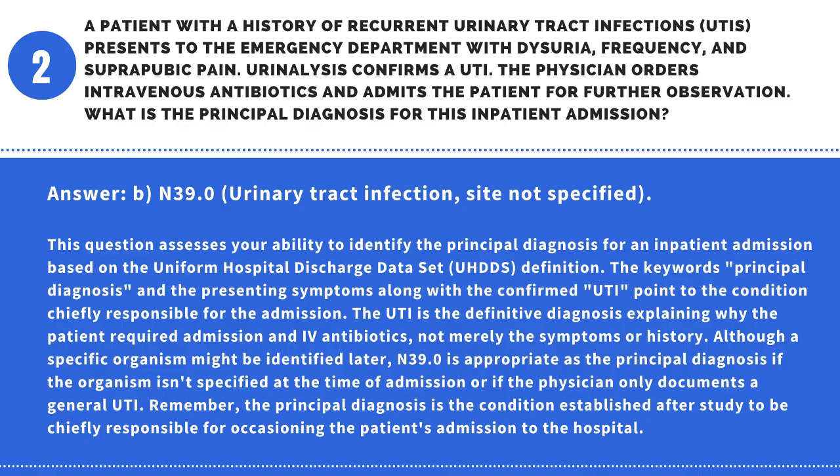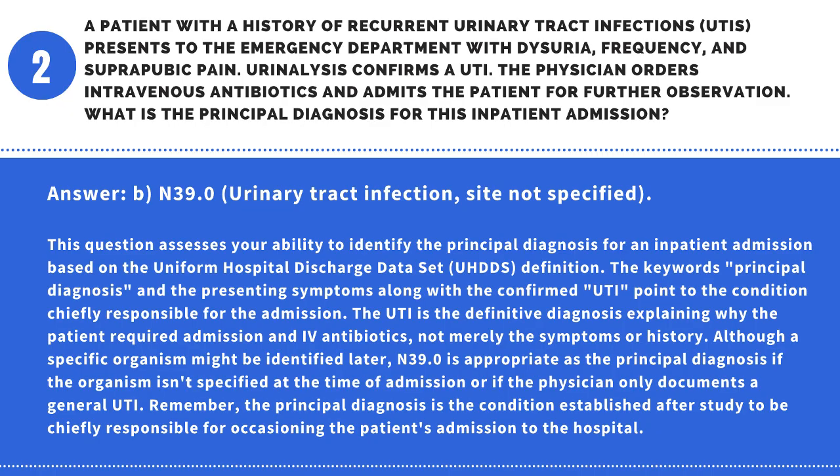Although a specific organism might be identified later, N39.0 is appropriate as the principal diagnosis if the organism isn't specified at the time of admission or if the physician only documents a general UTI.